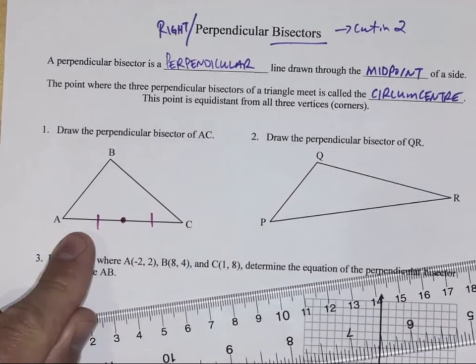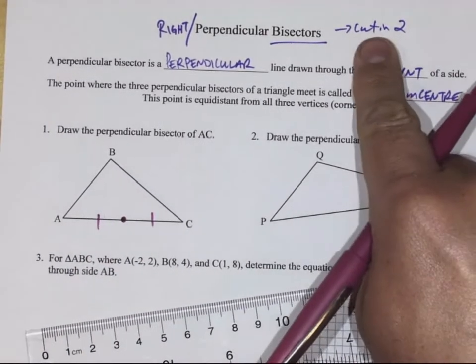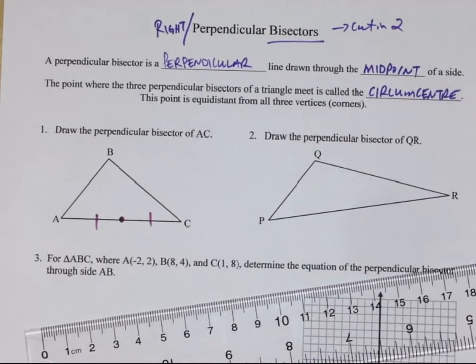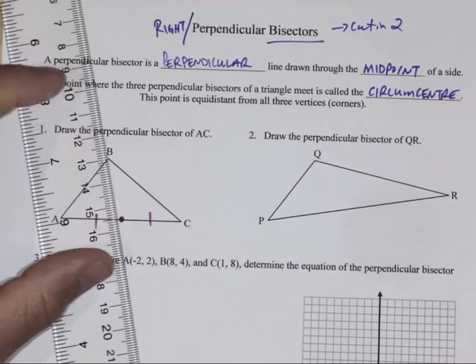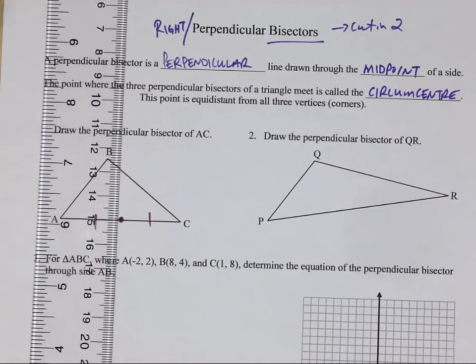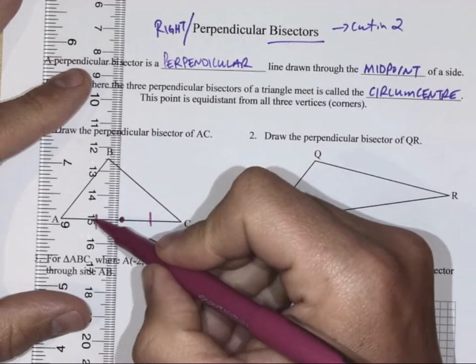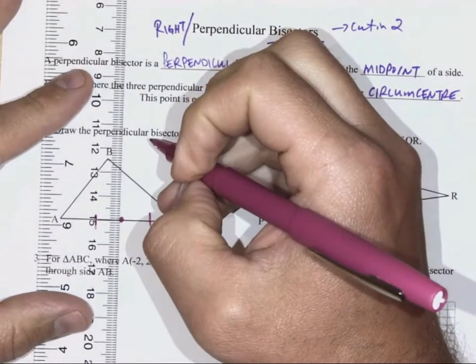I draw my nice communication mark to show that it's halfway between A and C. It's cut in two, bisected into two even parts. Instead of going through B like our median, now it's going to cut at 90 degrees. So I'm going to use the knowledge that these little marks are 90 degrees to the drawing edge.